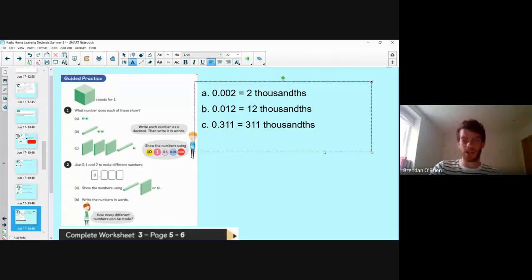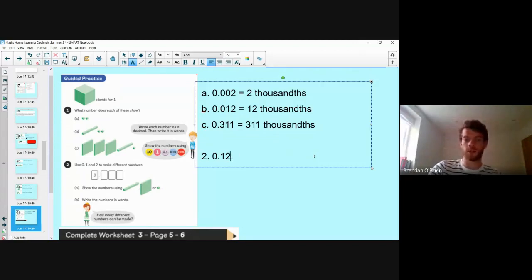Okay. All right. Number 2, again, just like yesterday, you could have had various responses for this. You could, for example, put 0.12. Do I put 0 on the end?